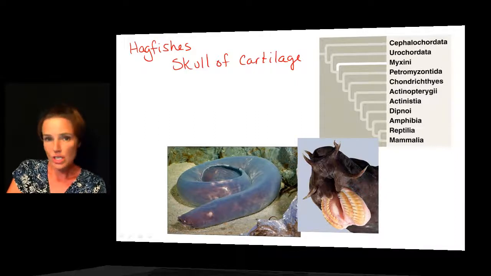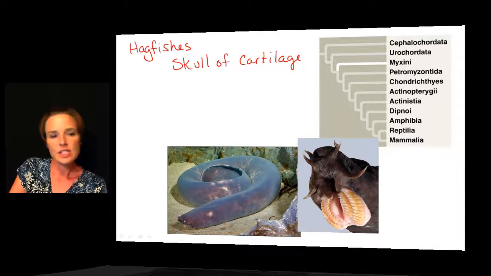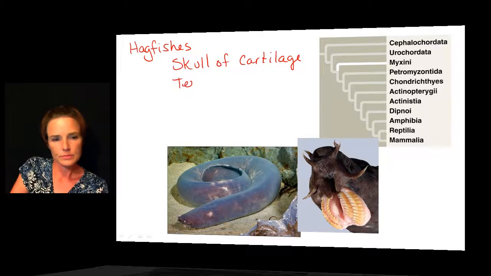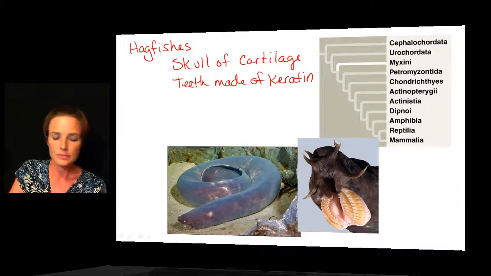These aren't going to have any jaws. They're not going to have any vertebrae because, again, you don't have bone structures actually here. These are going to retain their notochord as an adult organism, and they have teeth made of keratin. When we say made of keratin, this would be the same thing that makes up our fingernails.